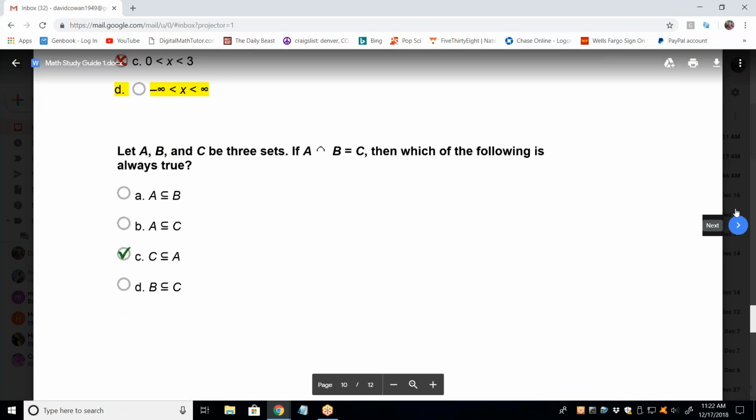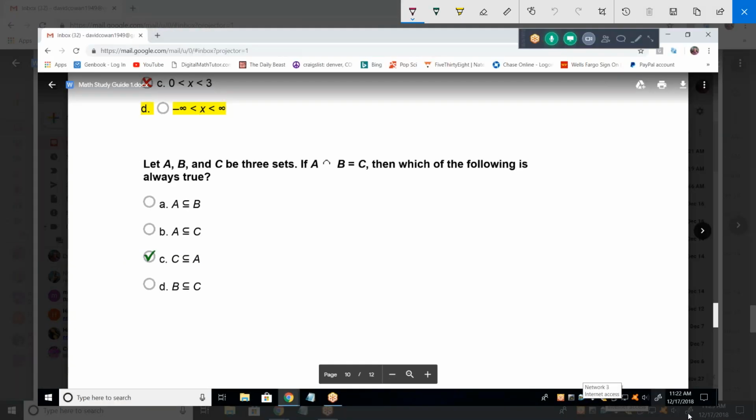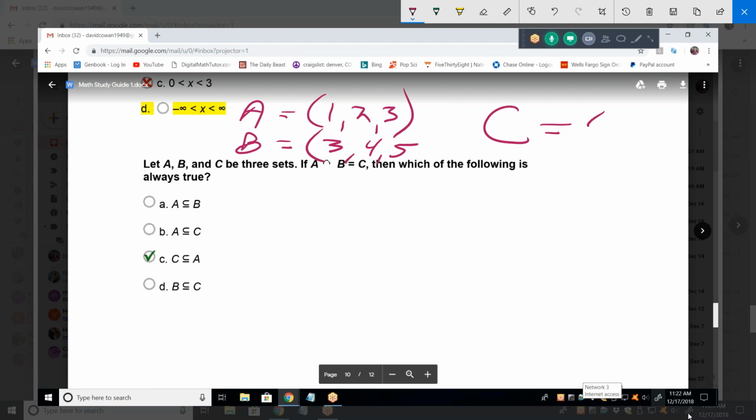So when they say A intersect B, they mean only the items that are in both A and B. So let's say A consisted of 1, 2, and 3, and B consisted of 3, 4, and 5, then C would be just 5. Excuse me, C would be just 3.